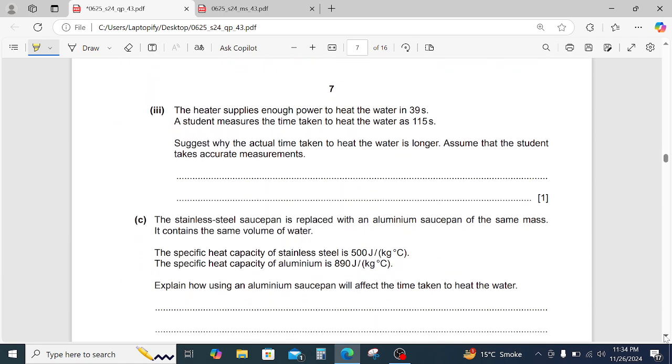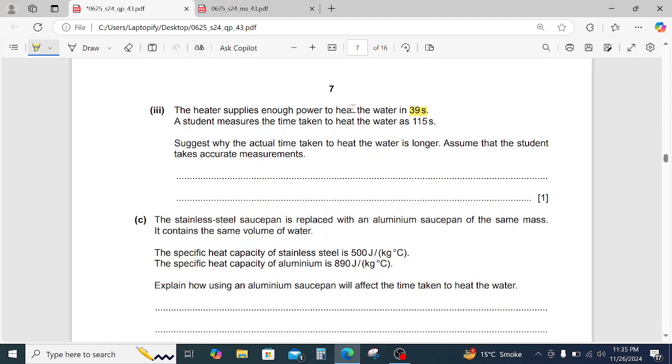Now the third part is: the heater supplies enough power to heat the water in 39 seconds. So the question is about the heater by which you are raising the temperature of the water. It says the heater can supply enough power to heat the water in the saucepan in 39 seconds, but the student measures the time taken to heat the water as 115 seconds. Why is there such a big difference between 115 and 39?